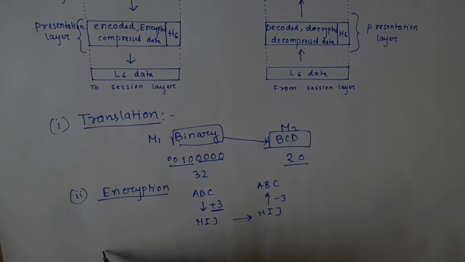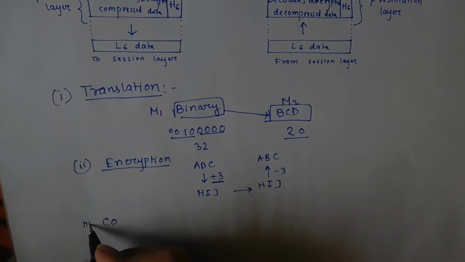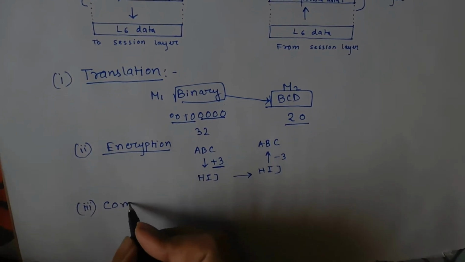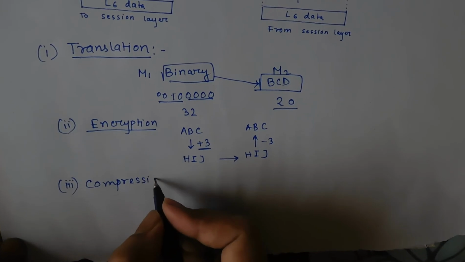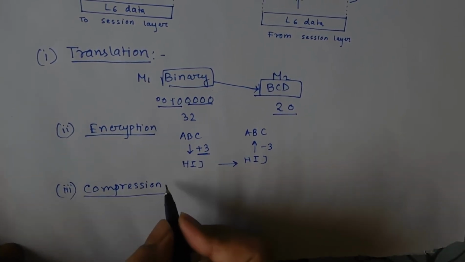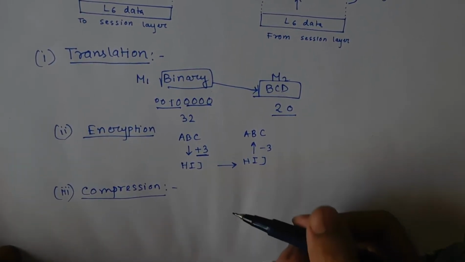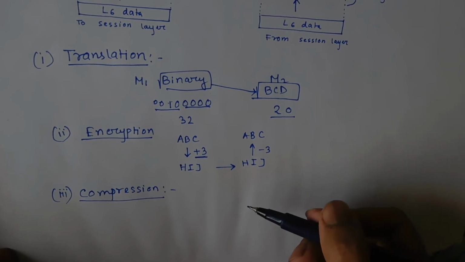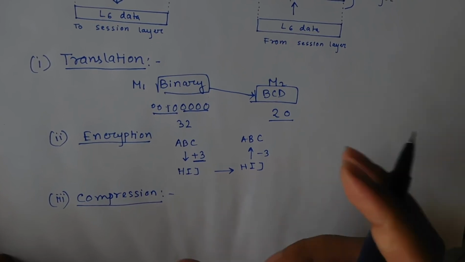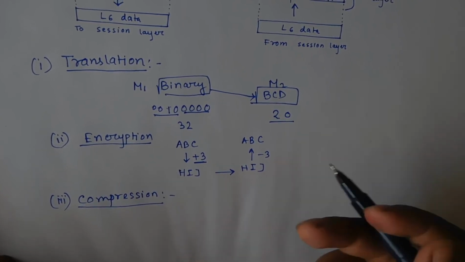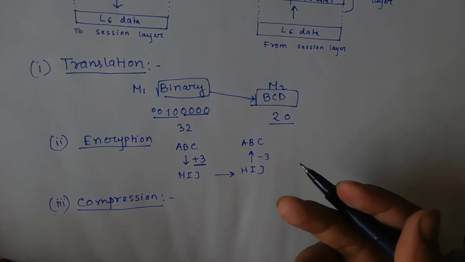And then the next is compression. Compression means data compression reduces the number of bits to be transmitted. That means for faster communication, the data may be compressed. The data may be text, audio or video.